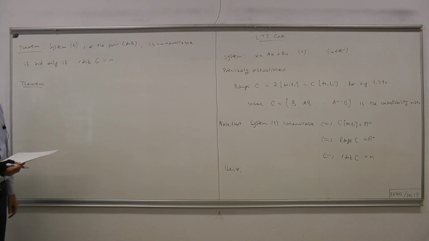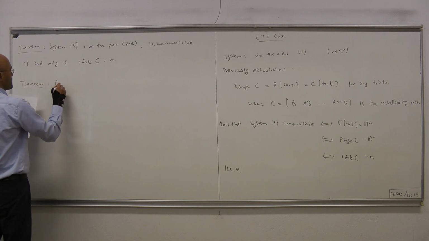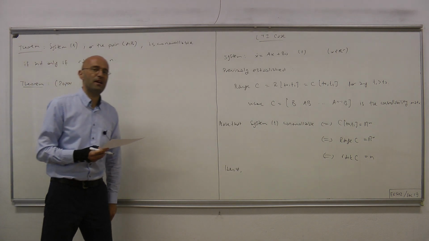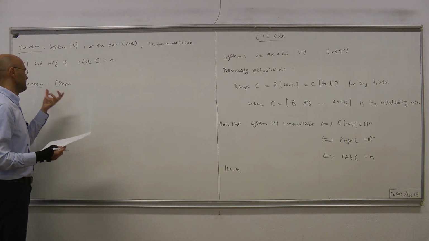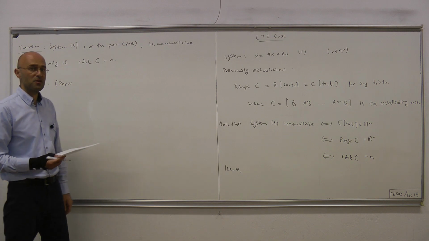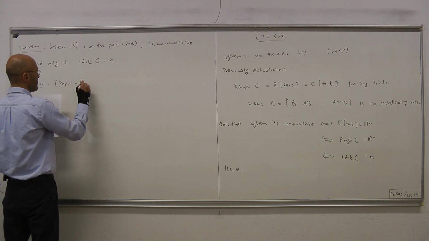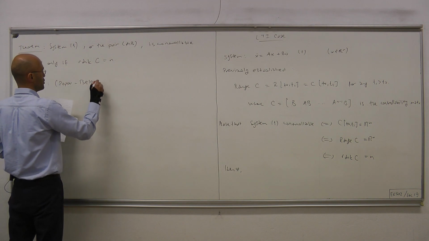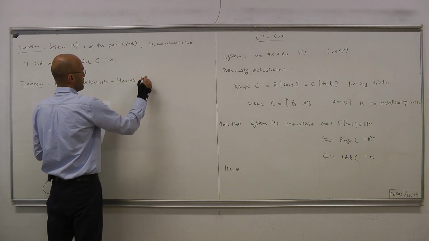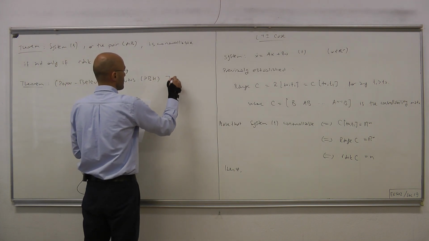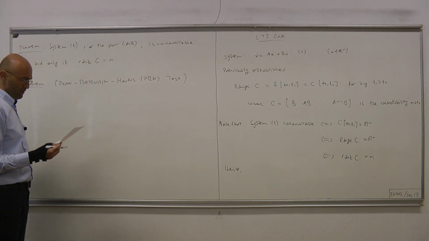It's called the PBH test sometimes, and PBH stands for the first letters of the names of 3 scientists that established that test: Popov, Belevich, and Hautus. Sometimes it's called the eigenvector test. We're going to see why it's called the eigenvector test soon enough.